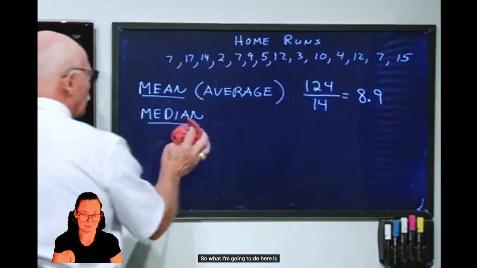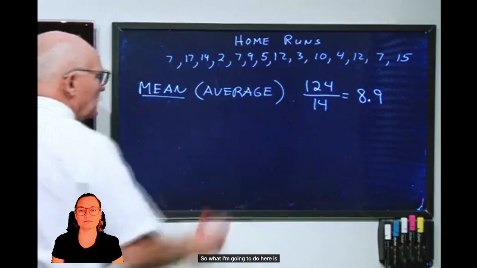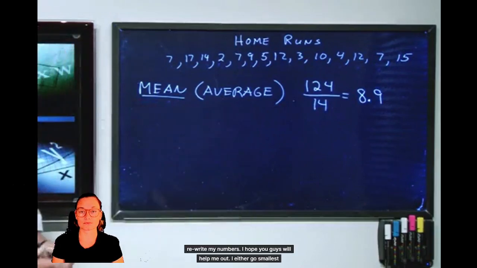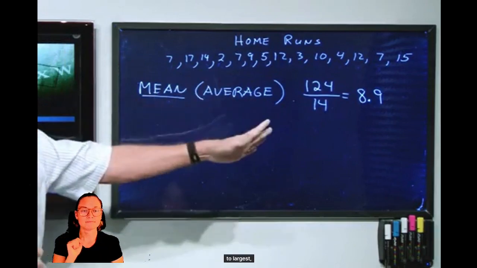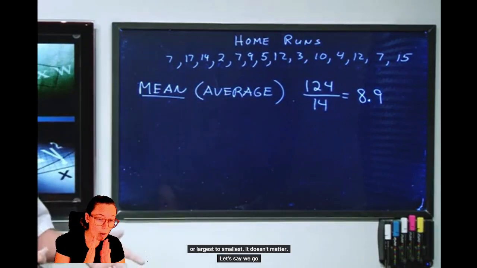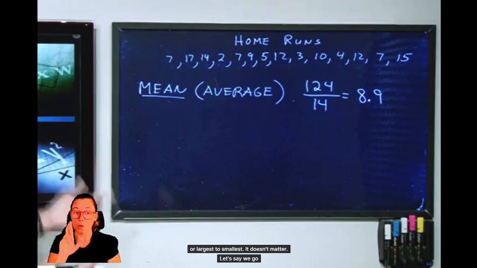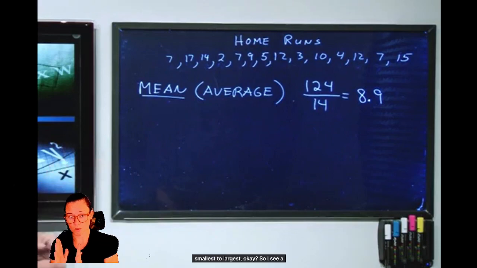So what I'm going to do here is rewrite my numbers. I hope you guys will help me out. I could either go smallest to largest or largest to smallest. It doesn't matter. Let's say we go smallest to largest, okay?